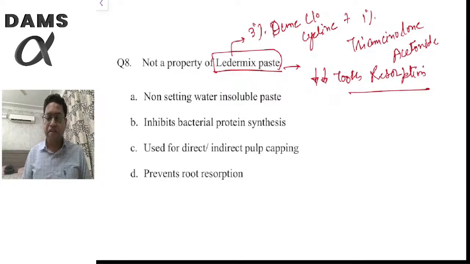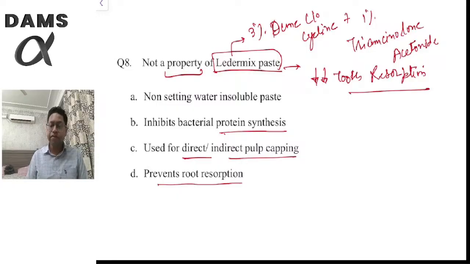Ledermix paste. So which is not a property? It is a non-setting water insoluble paste. It inhibits bacterial protein synthesis. It is used for direct and indirect pulp capping, and it prevents root resorption. This we have already seen.